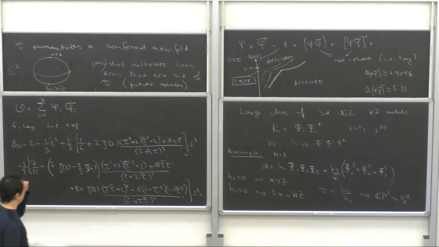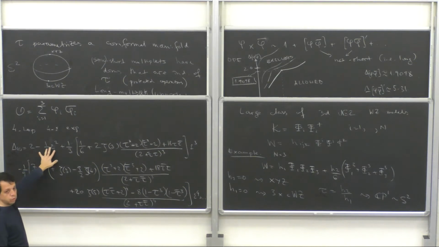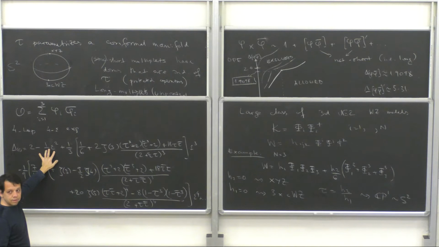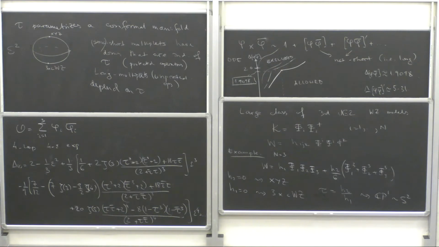Okay, so this explicitly shows you that as you move along the sphere, along this tau, the dimension of this operator changes non-trivially. There are some accidents at 1 and 2 loops that hide this from you, because this operator enjoys some special discrete symmetries, but this is special for this one. If I study some other one already at 1 loop, I'll have a non-trivial dependence on tau. And then you'll see some complicated non-holomorphic functions controlling how the dimension of this operator varies on the sphere.